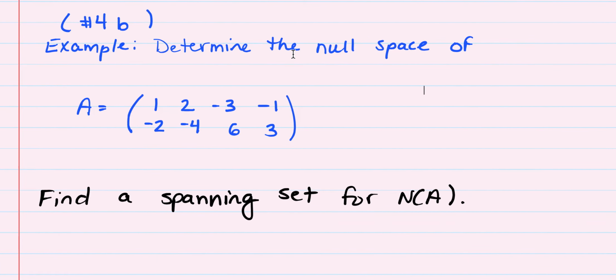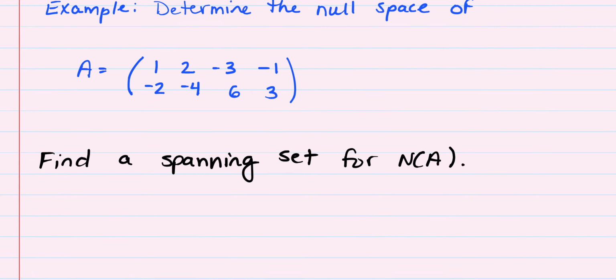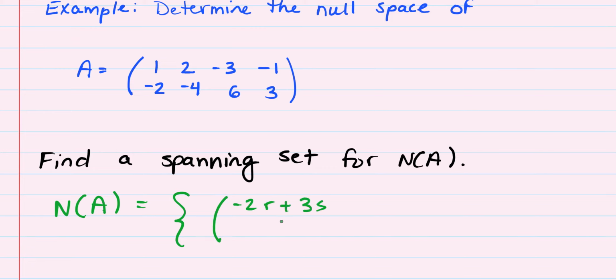So we said that the null space was equal to the following vectors: negative 2r plus 3s, r, s, 0, such that r and s belong to the real numbers.